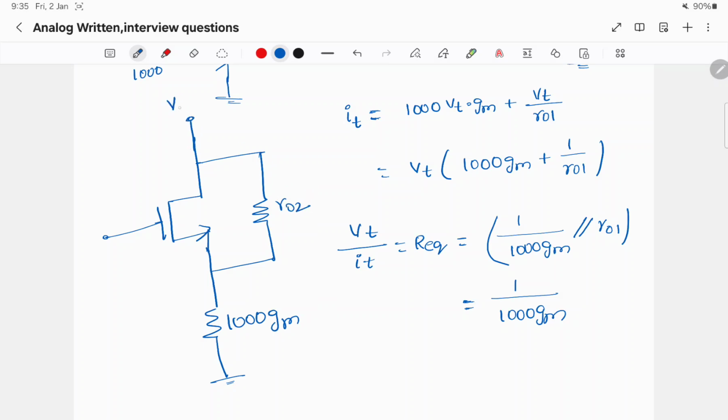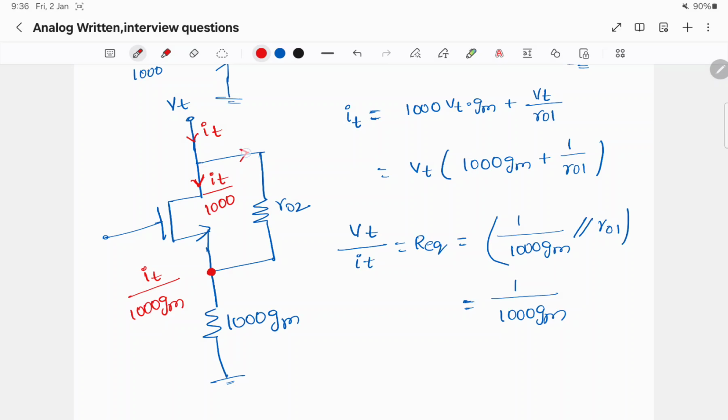Now this is VT and the current flowing is IT. So this node potential now is IT by 1000 GM. So now the current flowing is IT by 1000.